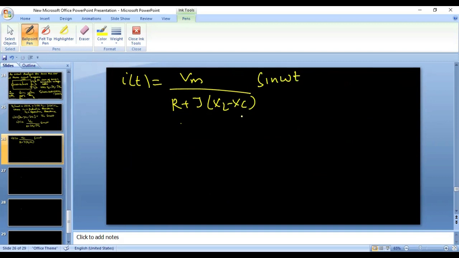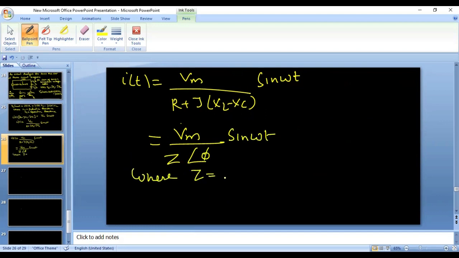Again, this is a complex number and I can represent it in polar form as Vm upon Z angle phi, sine omega t, where Z is equal to the square root of R squared plus XL minus XC whole squared. And phi is equal to tan inverse.